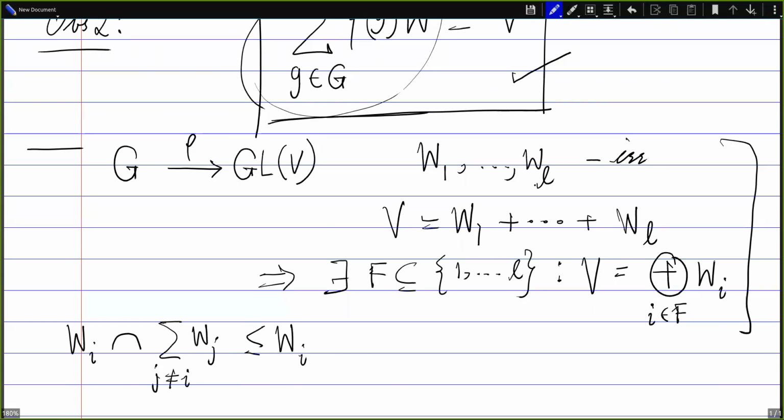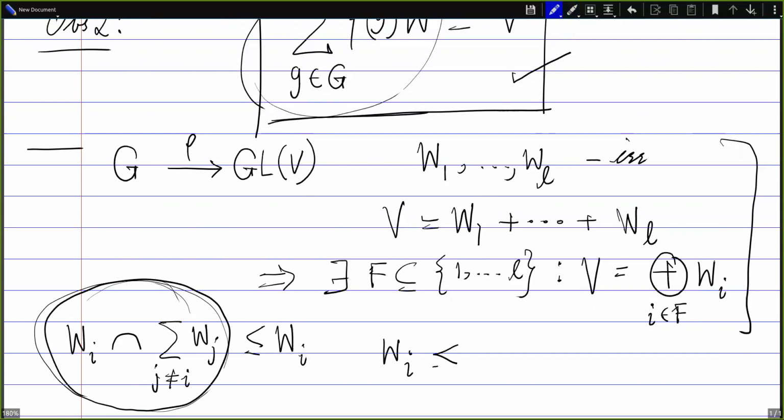Each of these W1 to WL is G invariant, so both these are G invariant, and so is their intersection. So it has only two choices: either it is trivial or the whole of Wi. In the latter case, what it means is Wi is actually contained in the sum of the others.